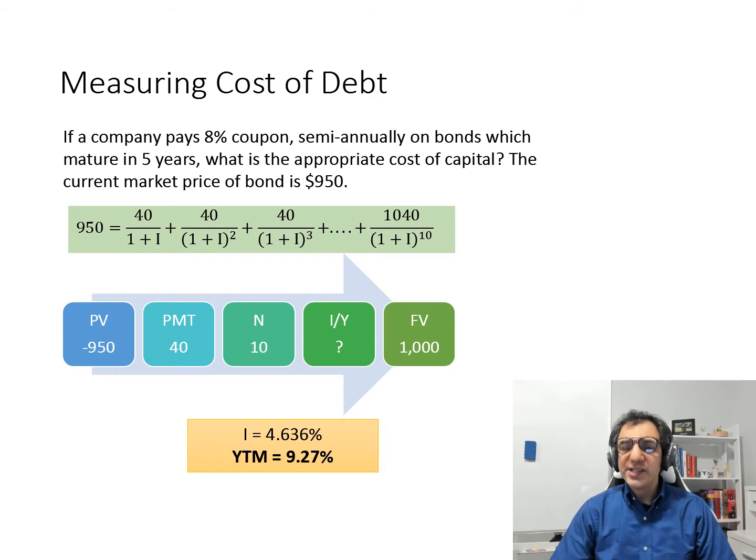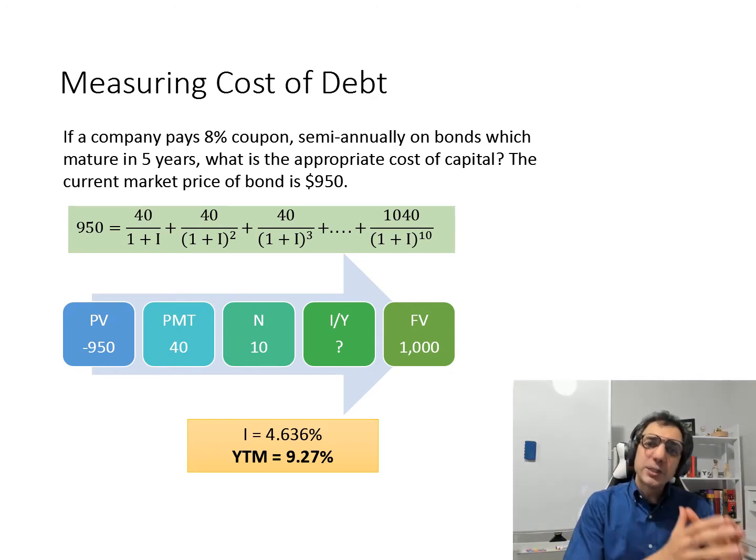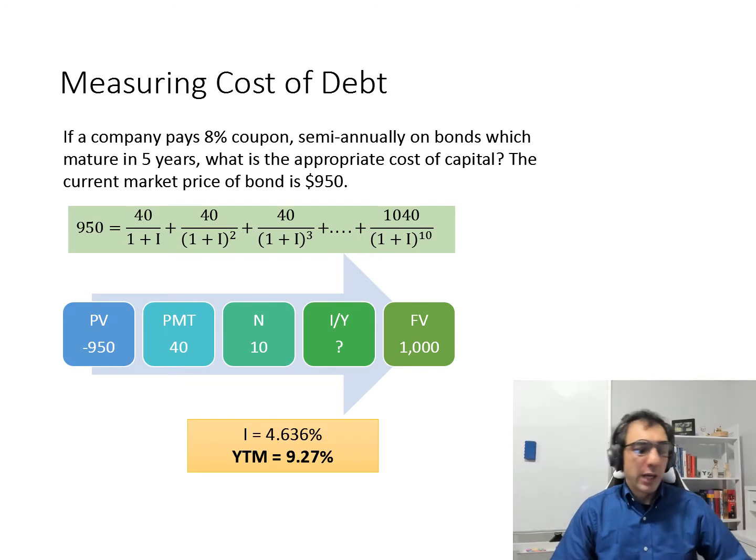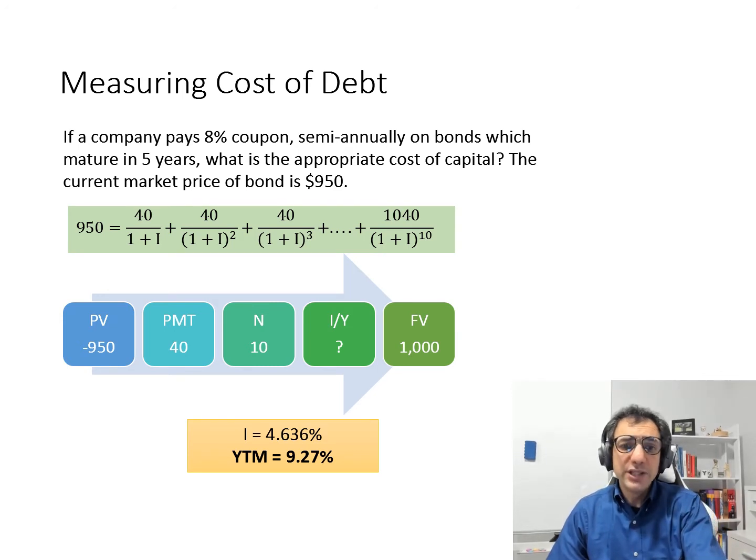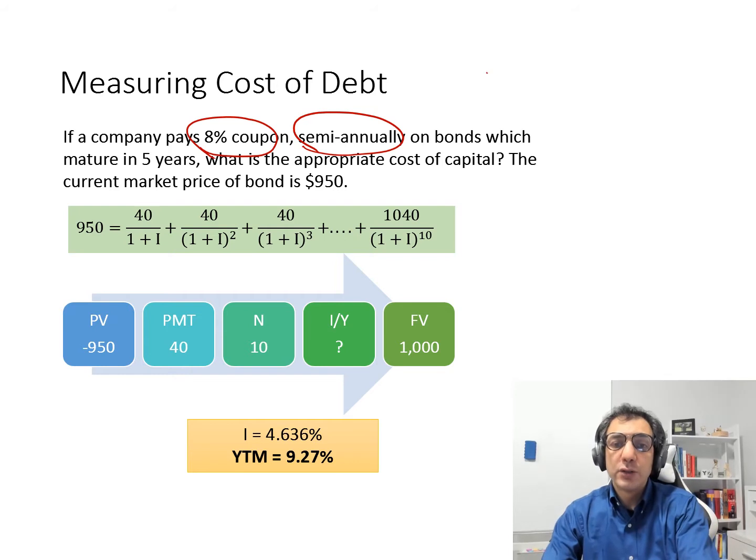However, the question says it is a semi-annual bond, which means every 6 months the company is paying $40. So this is not annual, this is a semi-annual bond. If we're talking about 8% of the $1,000 face value, that becomes $80.